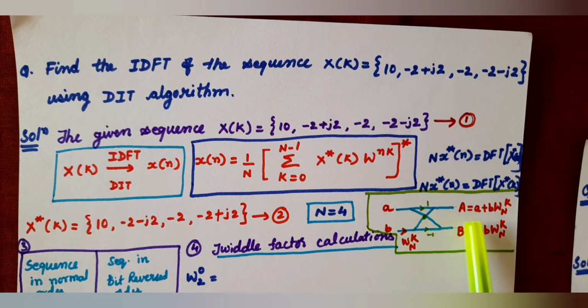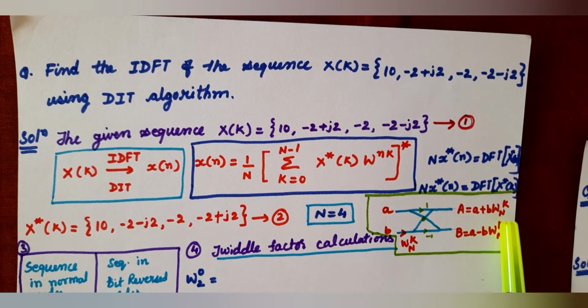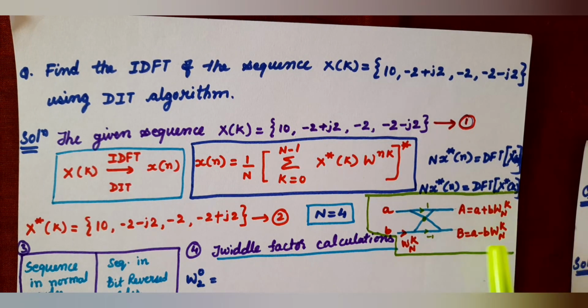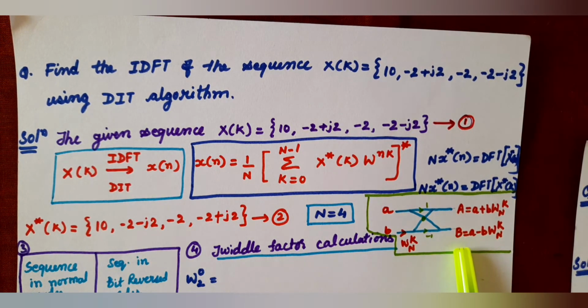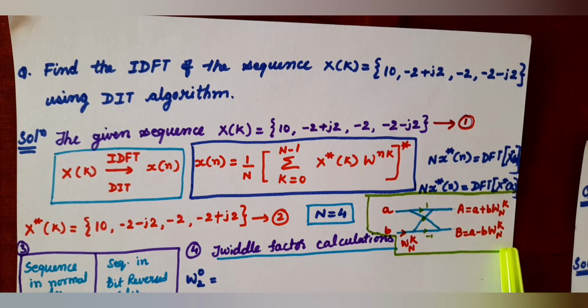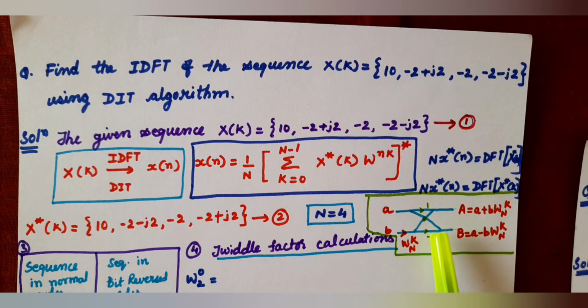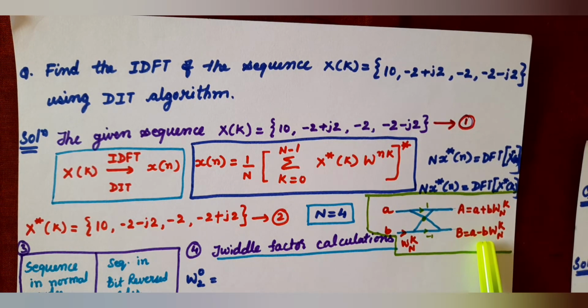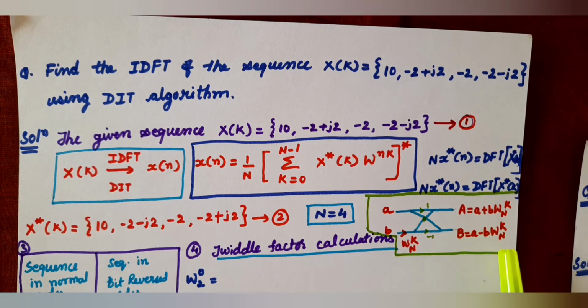Capital A equation is A plus B into Wn to the power k, and capital B equation is A minus B Wn to the power k. You have to remember the flow diagram and its output equations for solving this problem. The flow graph is same.